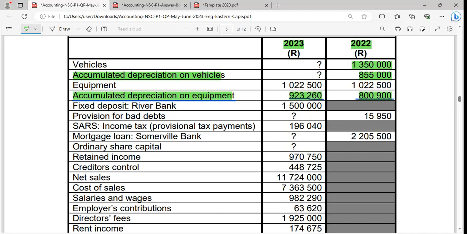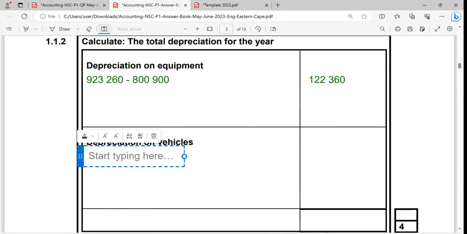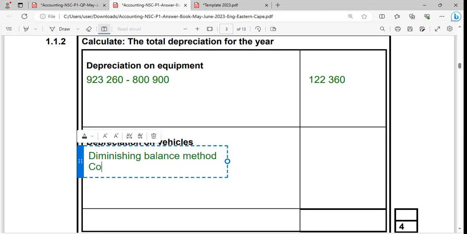So we're going to take the cost of vehicles because we are using the diminishing balance method. We take that cost minus accumulated depreciation at the beginning, and this will give us the carrying value.